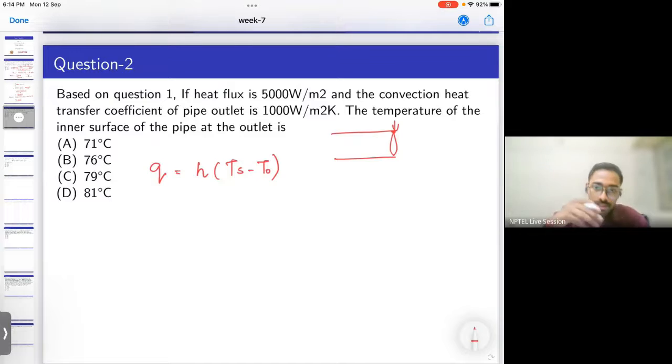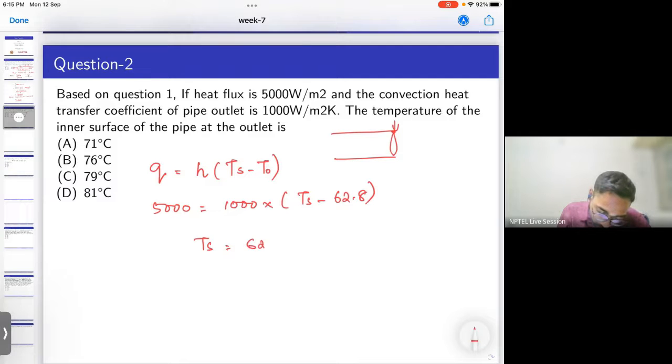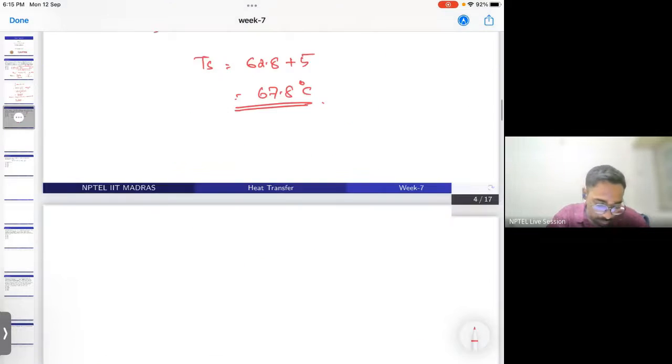From the surface, it is transferring to To. So 500 is equal to 1000 into (Ts minus 62.8). So Ts is equal to 62.8 plus 5, which is around 67.8 degrees Celsius. So this is the answer. Okay.